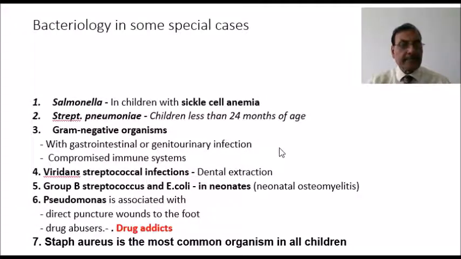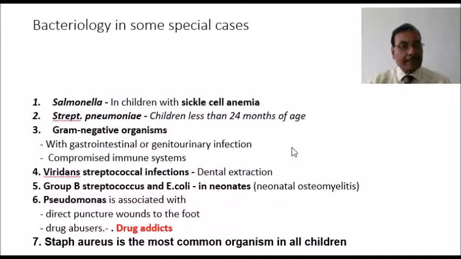Gram-negative organisms, when the infection is coming from a gastrointestinal or genitourinary infection, the gram-negative organisms can cause the infection of the bone, or else when the host immune system is compromised.